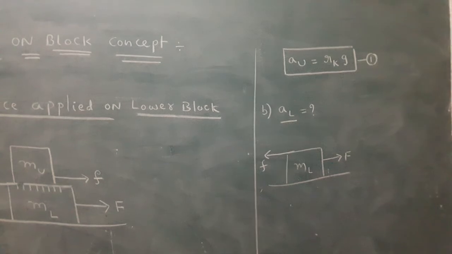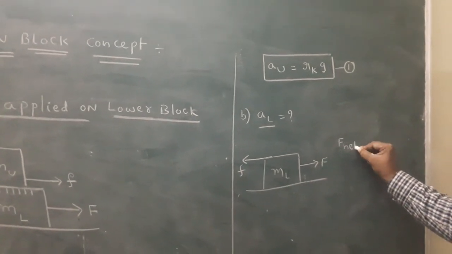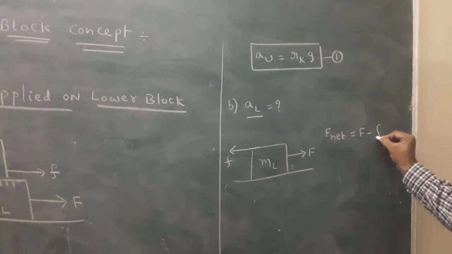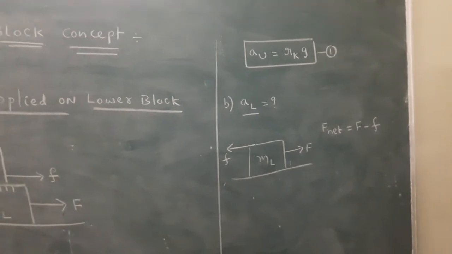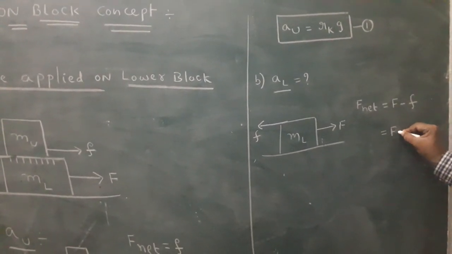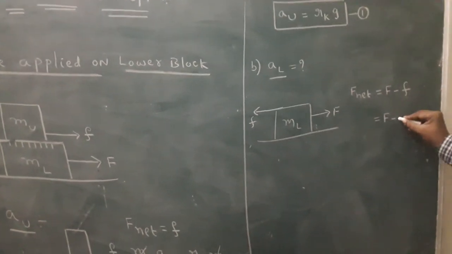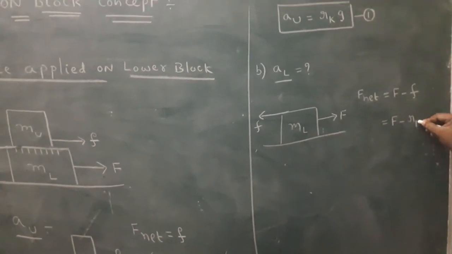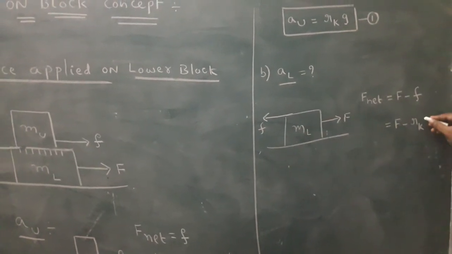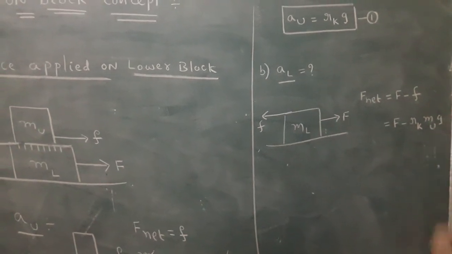What is the net force? Net force is forward force minus backward force. Here, the forward force is capital F. Here, friction, as we know, is mu k. This is the rough surface. Above weight is taken, mu k into mu into g.